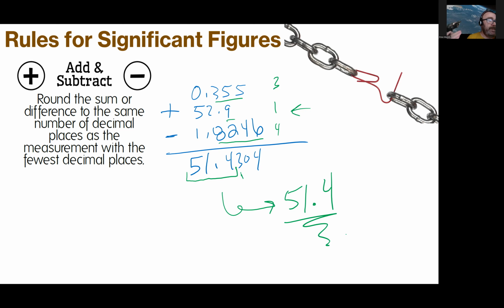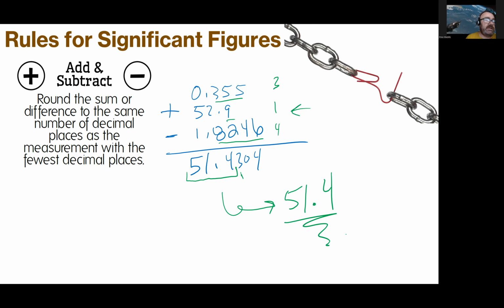Now, these are nice and straightforward examples. The places where I see students have big issues happen when you're doing multiple steps, with addition, subtraction, multiplication and division in the same problem.